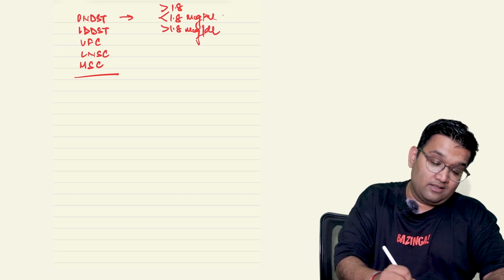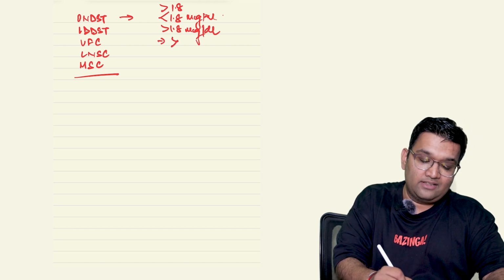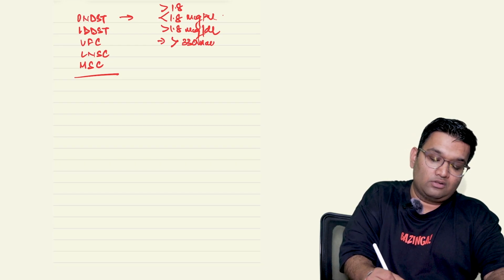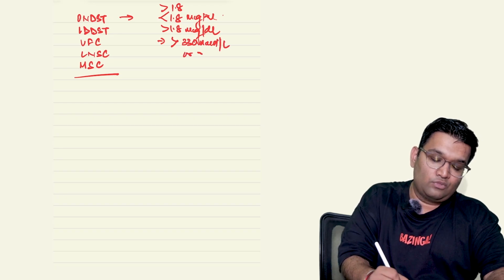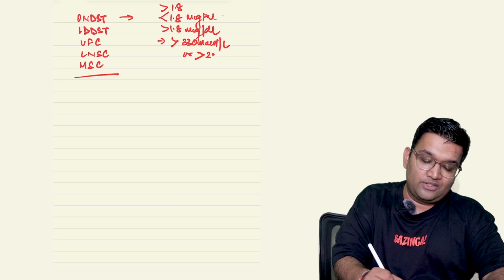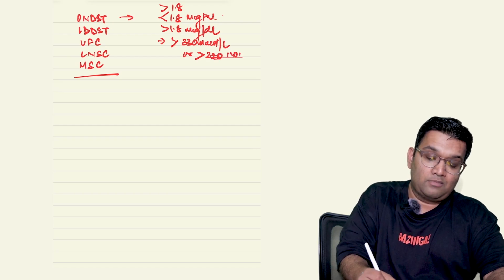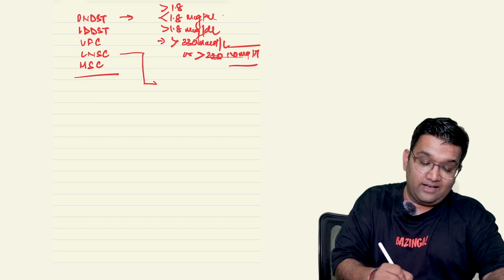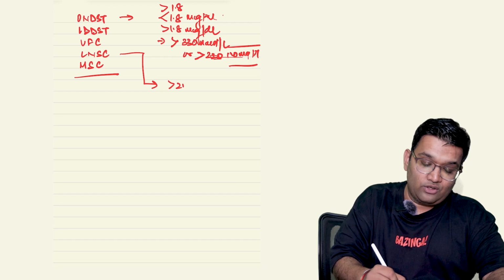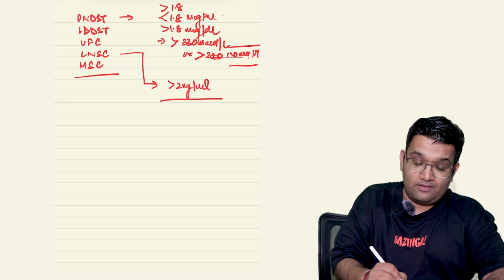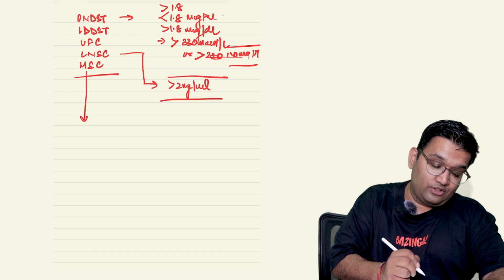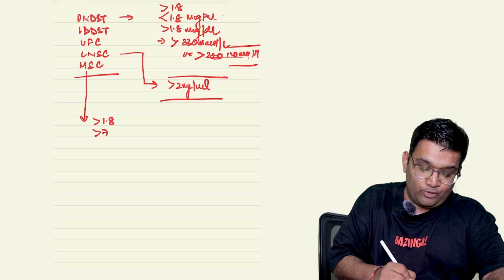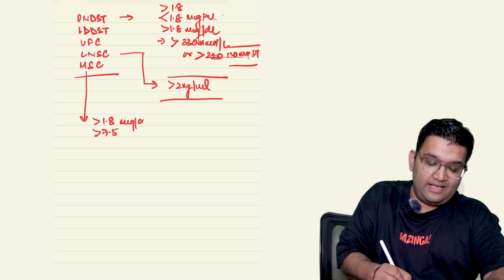UFC more than 330 nanomole per liter, or more than 120 microgram per day, is positive. LNSC again more than 2 nanogram per ml. Then your midnight serum cortisol more than 1.8 or more than 7.5 microgram per deciliter, sleeping or awake.